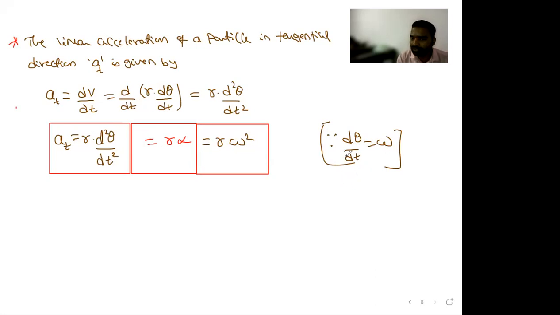One minute. We can square both sides, so (d theta by dt) whole square is equal to omega square. Correct? So instead of writing like this, you are writing d square theta by dt square, that is double differentiation. We do not say dy by dx whole square; it is nothing but d square y by dx square, right? So it is the same.